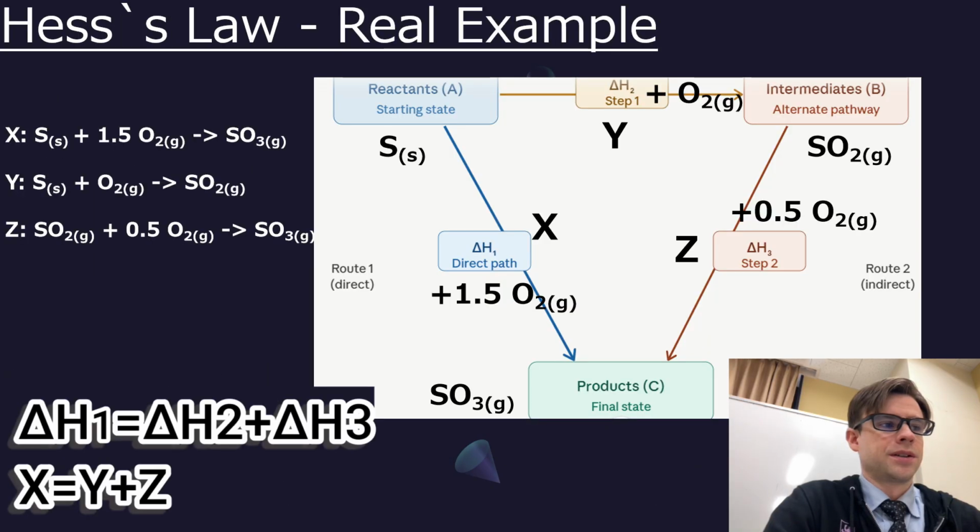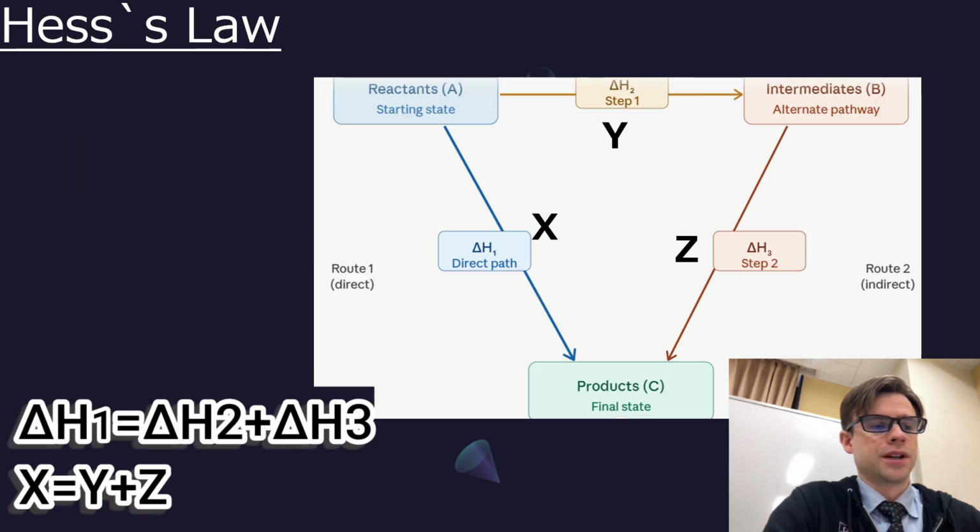So we'll have something like this. Just look at a general example first. If we have reactants, they can go to intermediates, B, or they can go to products, the final state, C. If they go directly to final products, they'll take pathway X. This is delta H1. It's a direct route.